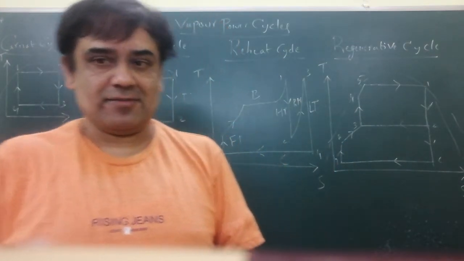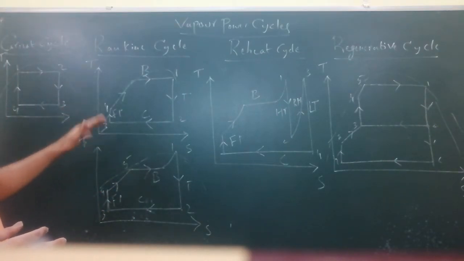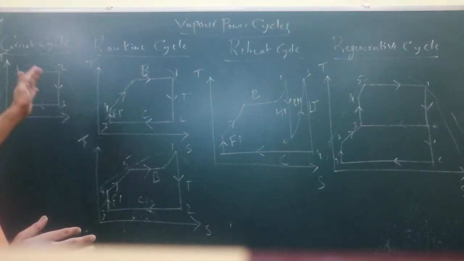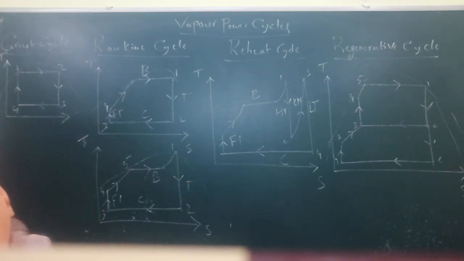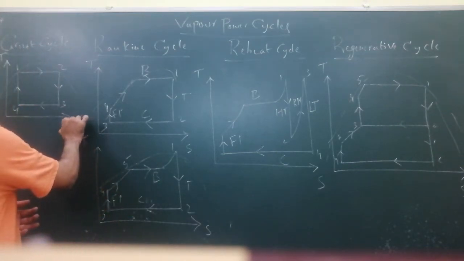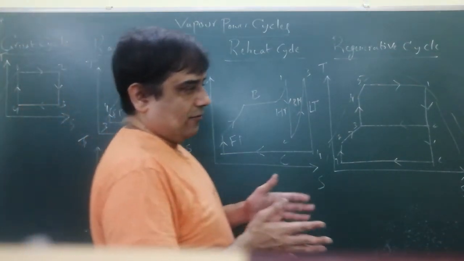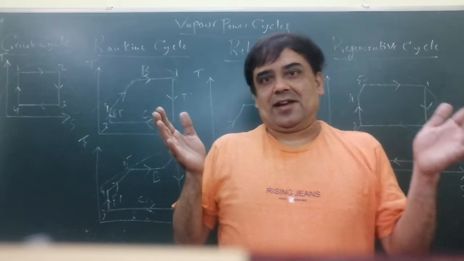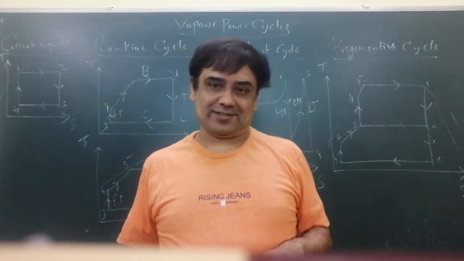That was covered. But today, in this video, I will be very happy to display the temperature entropy plot for 5 standard vapor power cycles. You know that for the air standard cycles, it has 5 children.